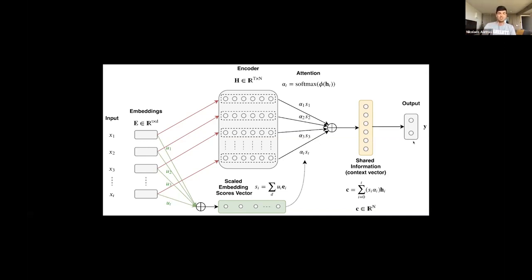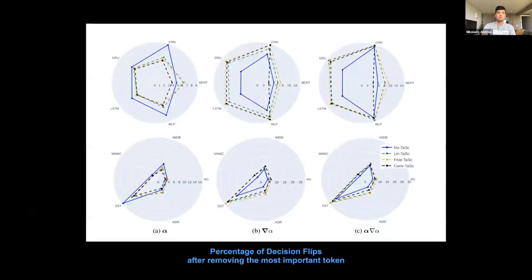By doing that, we found that this improves the faithfulness of explanations for various attention-based attributions. Here you can see that we use vanilla attention, the gradient of attention, and attention times gradient of attention, the scaled attention.